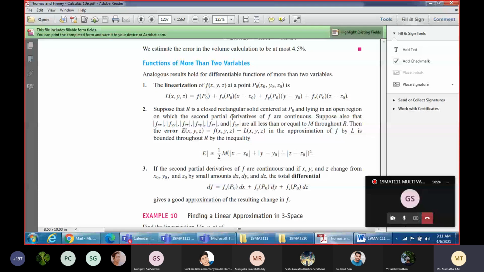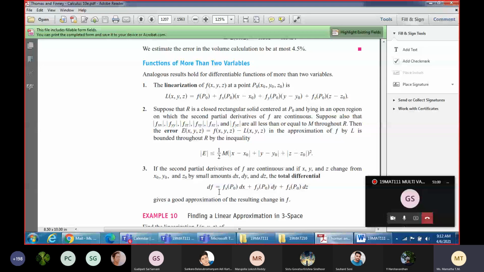So if you have to find out the linearization of a function f which is depending on 3 variables x, y, z at the point P given, then the linearization is f, the given function at the point P, plus dou f by dou x into x minus x naught plus dou f by dou y into y minus y naught plus dou f by dou z into z minus z naught. This is the linearization formula for function depending on 3 variables.